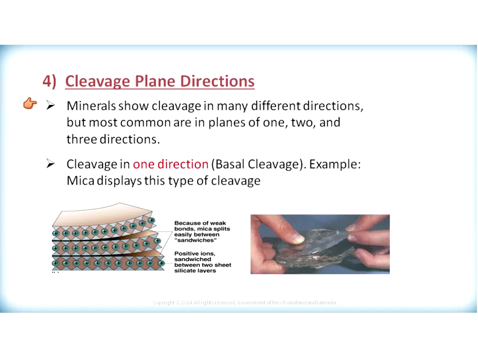Minerals show cleavage in many different directions, but most common are planes of one, two, and three directions of cleavage. Cleavage in one direction is the type of cleavage we call basal cleavage. An example of a mineral that displays cleavage in one direction would be mica. If we look at the diagram below, we see that layers of atoms have weak bonding areas in between.